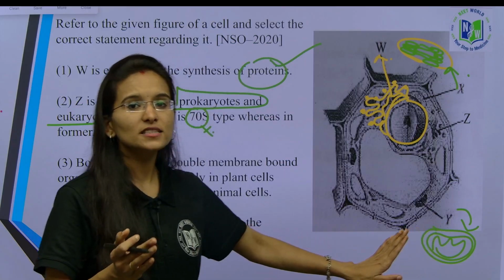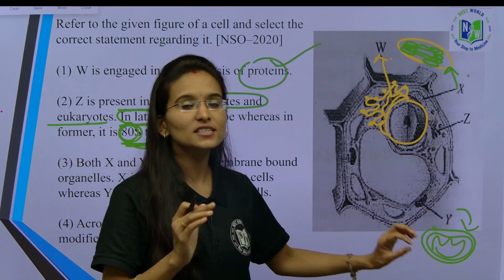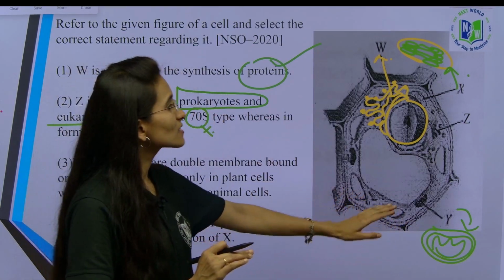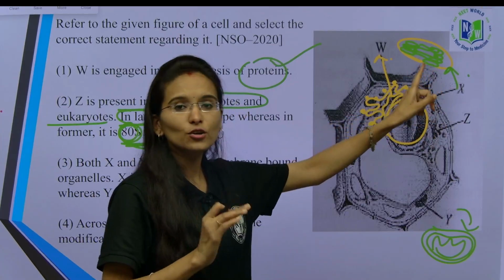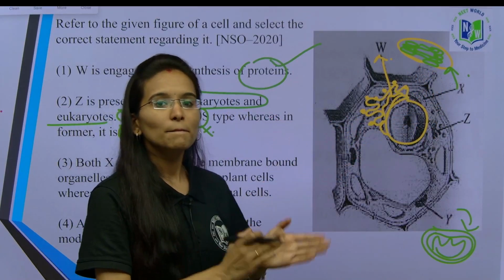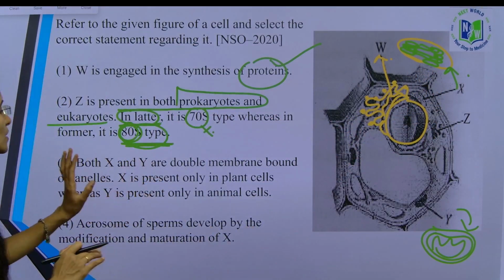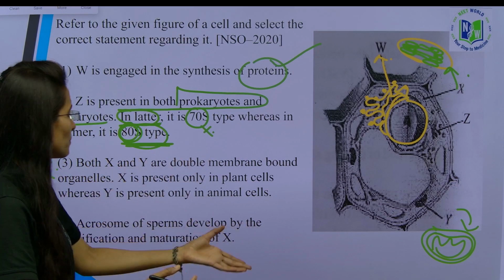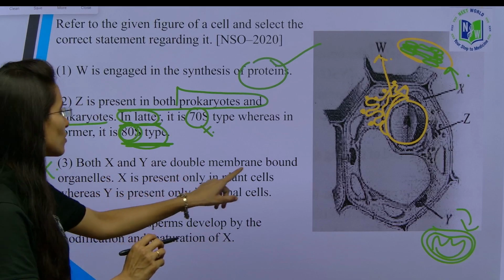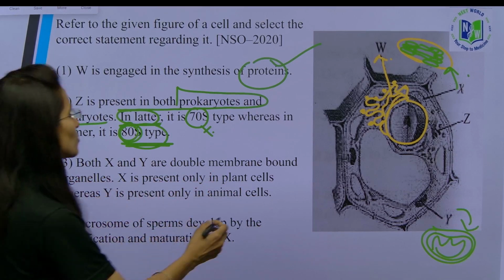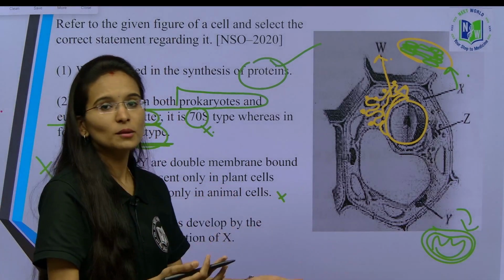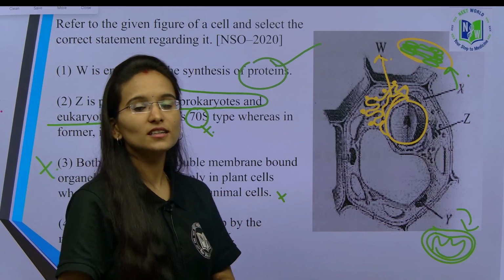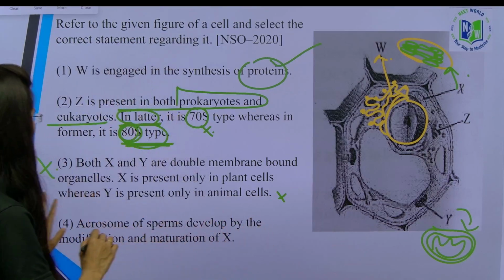But X is a chloroplast, which is present only in the plant cells, okay. Y is not only present in animal cells, it is also present in the plant cells. So, this option is wrong.